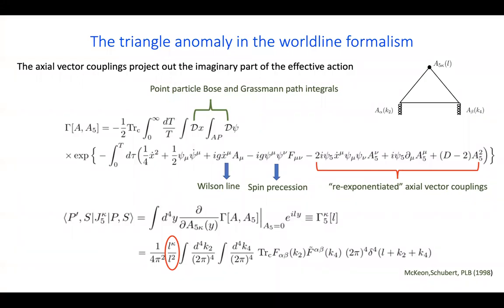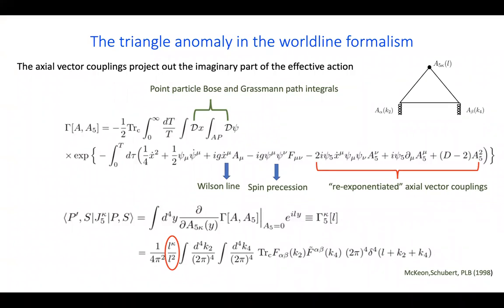So let me just give a very simple example where I look at the anomaly in the worldline formulas, and you see it's a very simple derivation. If you try to do it using Feynman diagrams, it's very complicated. It involves point splitting and treating gamma 5 properly. If you just look at the one-loop effective action, and now I've written the background axial vector field as this A5. And so again, here are my bosonic and Grassmannian path integrals. These are the kinetic terms. I have the Wilson line terms, spin precession.